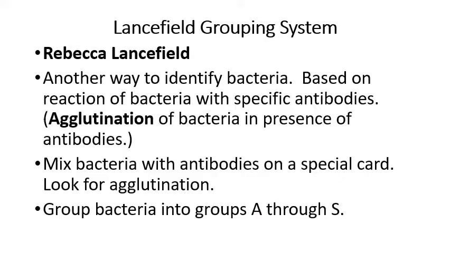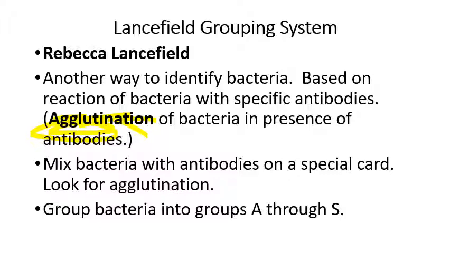Okay, so this is another way to identify bacteria: you mix bacteria with water, then you divide up the bacteria mixed with water, and you add some antibodies, and then you look to see which bacteria will agglutinate. Agglutination means to clump together, right? So you mix the bacteria with antibodies on a special card.